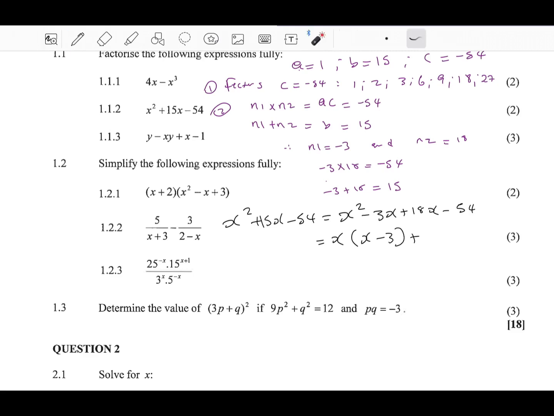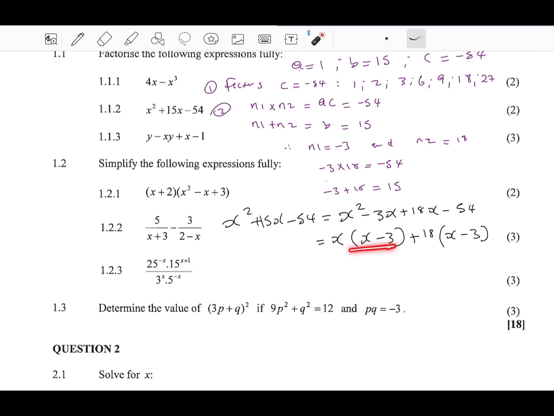And then you find the common factor here, 18x minus 54. Remember, we've already identified the factors of 54, and 18 is one of those. So if you say 18 as a common factor, 18x divided by x is x, and negative 54 divided by 18 is negative 3.